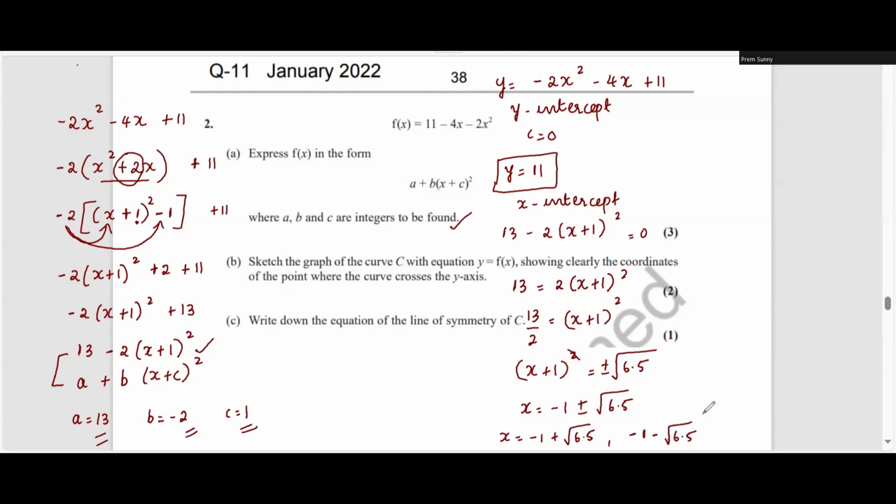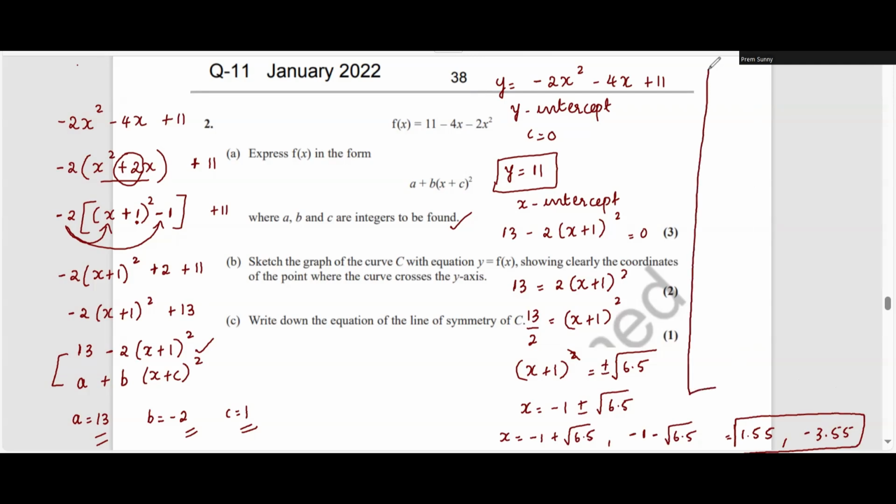Minus 1 plus the square root of 6.5 gives in decimal 1.55, and minus 1 minus the square root of 6.5 gives minus 3.55. And we have the x-intercepts here.